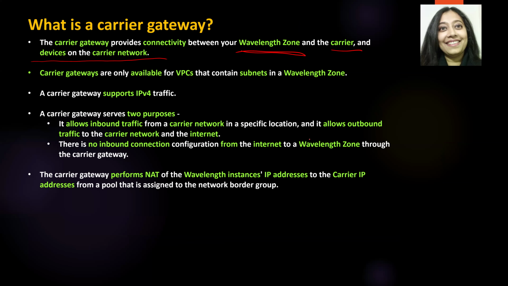Carrier gateways are only available for VPCs that contain subnets in a Wavelength Zone. It supports IPv4 traffic. Now, we already looked at this, but I'm just going to repeat myself. It allows inbound traffic from your carrier network, and it allows outbound traffic to the carrier network and to the internet. No inbound connection or configuration from the internet can happen to a Wavelength Zone through the carrier gateway.